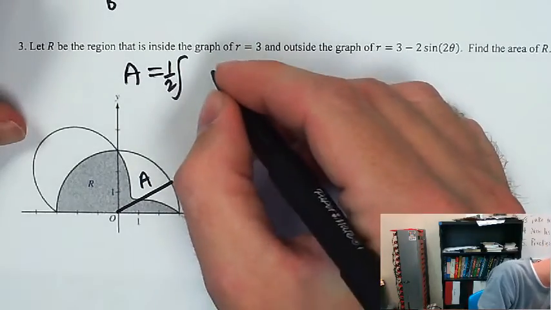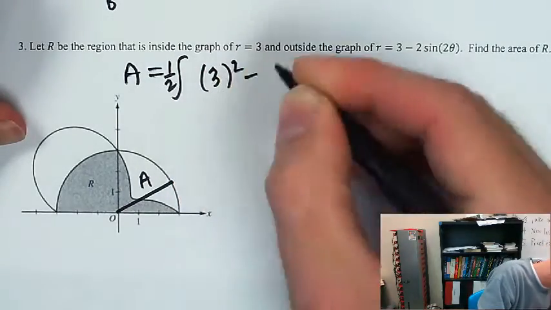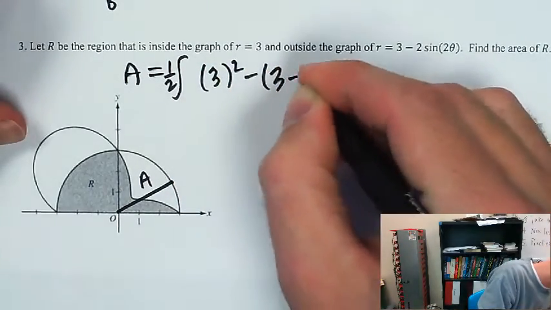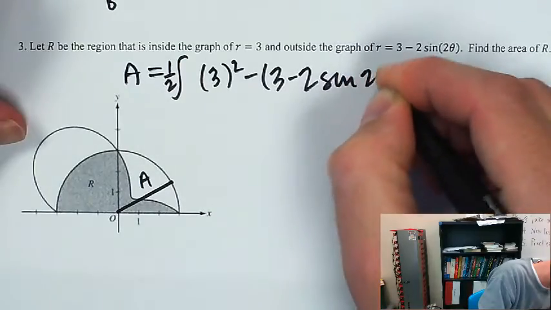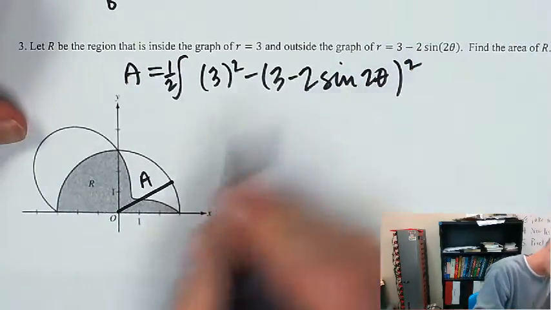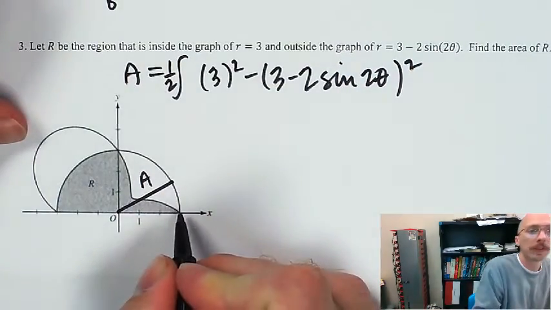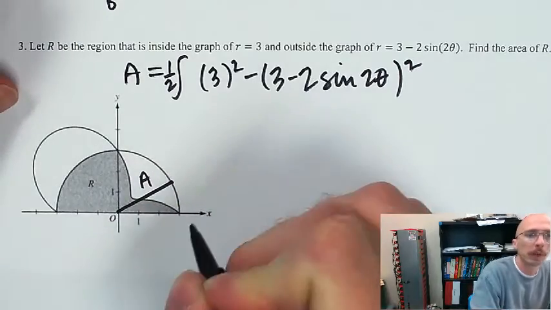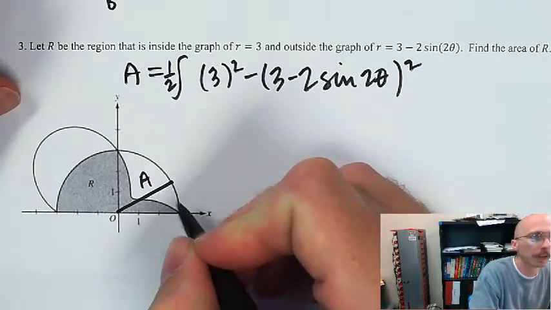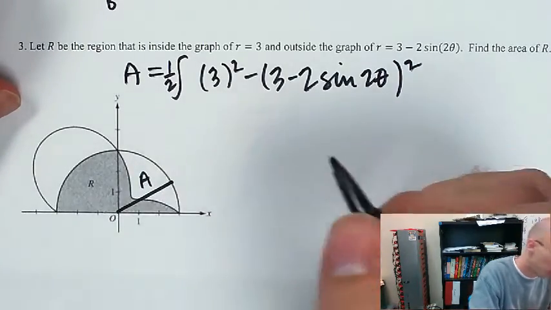The outside one is 3. The inside one is 3 minus 2 sine 2 theta. And we're going to go from 0 to pi over 2. This one didn't give you any bounds, but it was just kind of self-evident. The first quadrant, that's 0 to pi over 2.